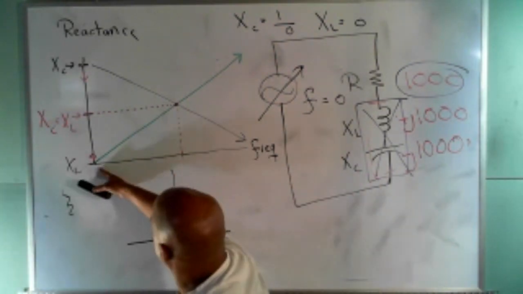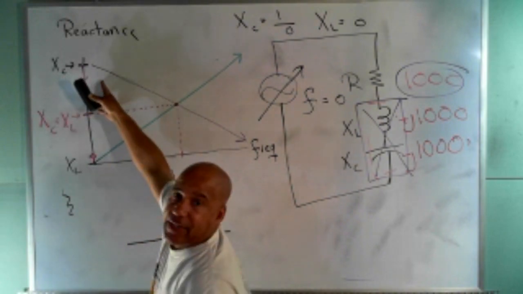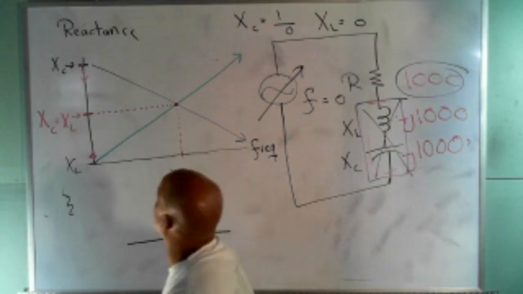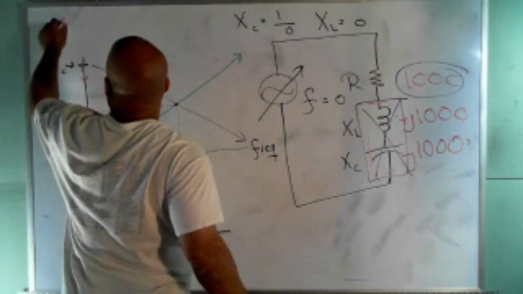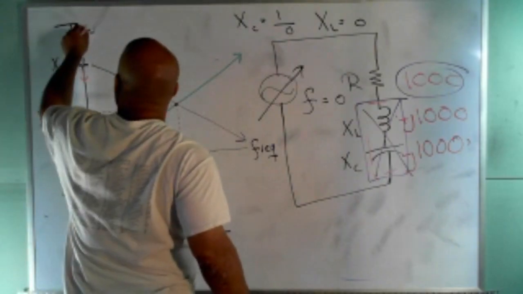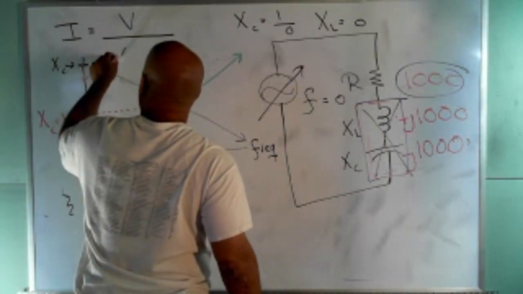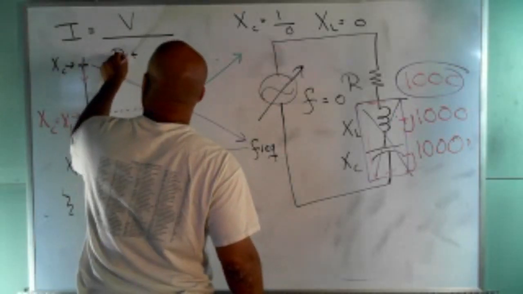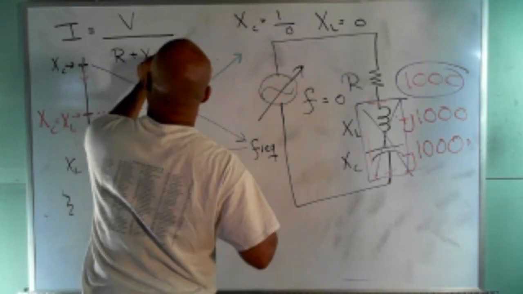Now, when I'm over here on this side of resonance, I got a lot of ohms from XC, so I don't have a lot of current in the circuit, because the current in the circuit is going to equal the voltage divided by R plus XL plus XC.